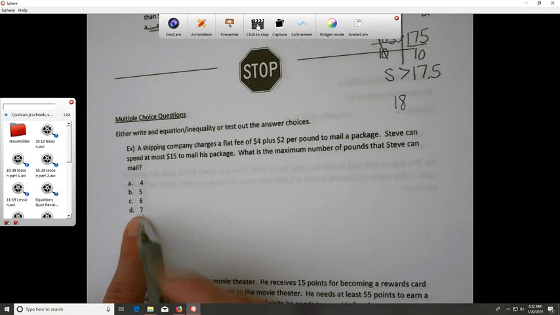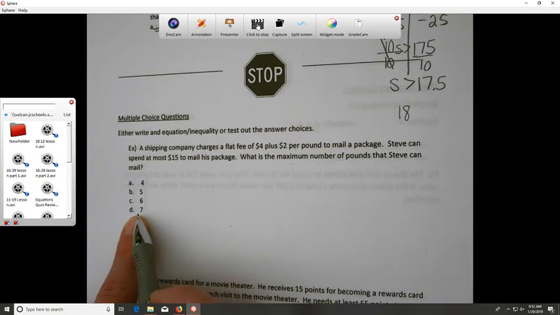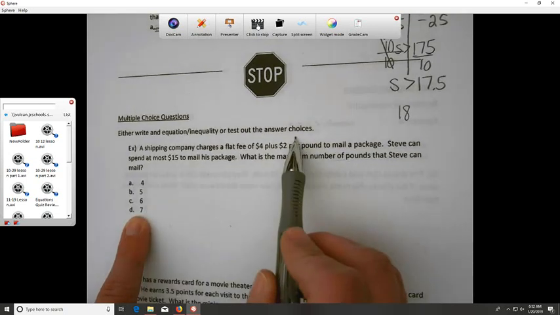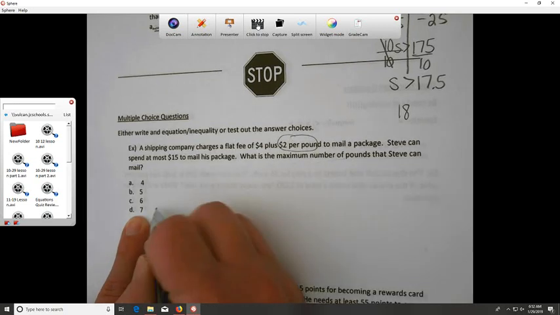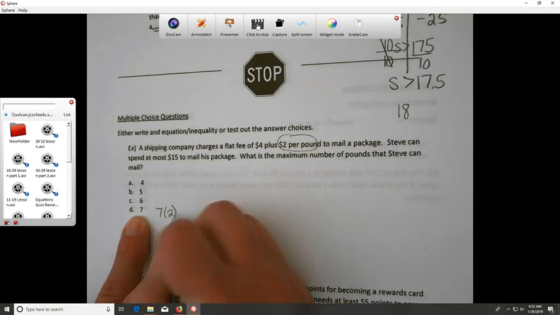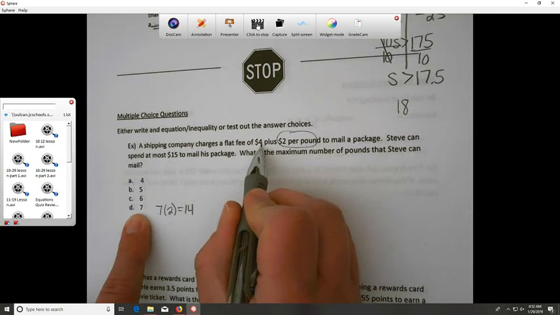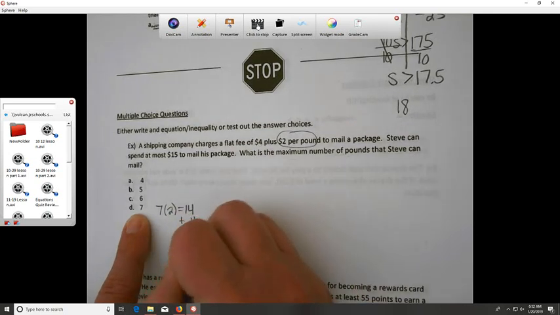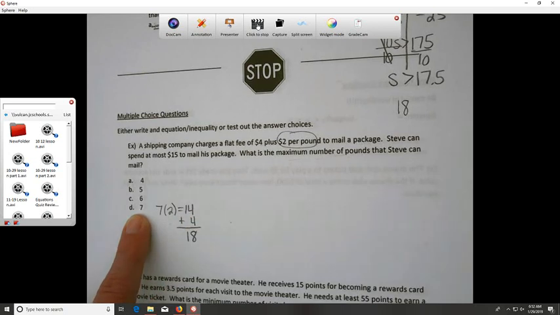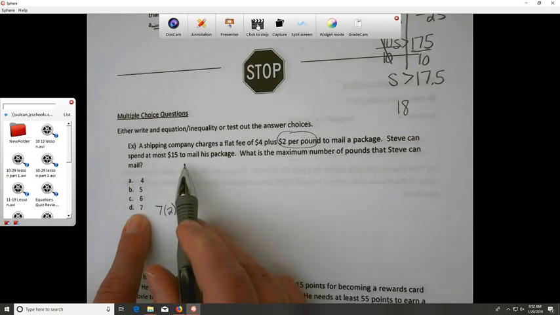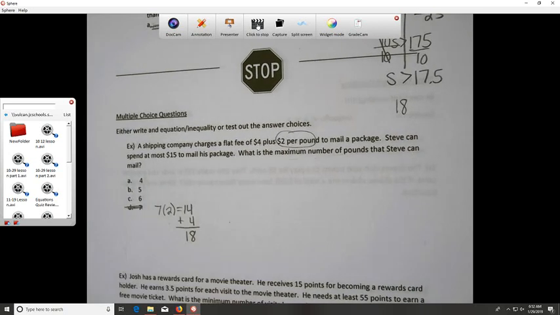So if he mails 7 pounds, and it says right here that it's $2 per pound, then 7 times 2 would be $14, plus the $4 flat fee, that would be $18, but he only has $15 to spend. So he's not going to be able to mail 7 pounds.